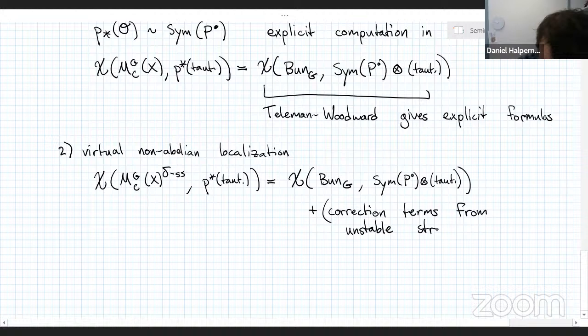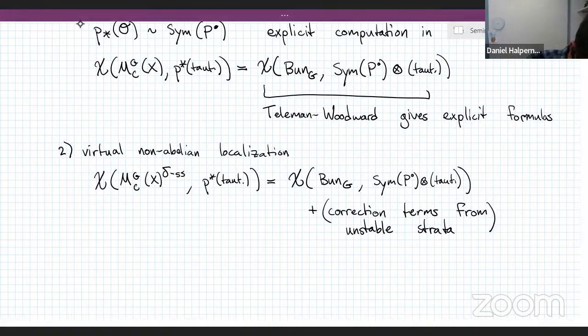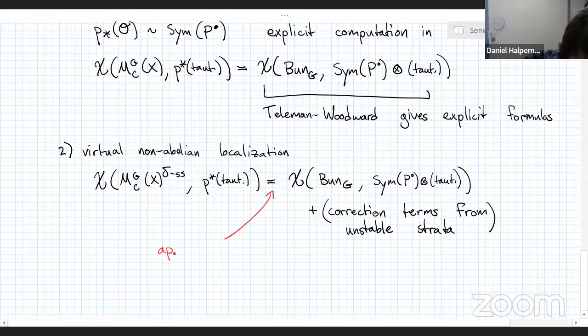And really what you want is the non-abelian localization formula. The point is that this applies to a stack.